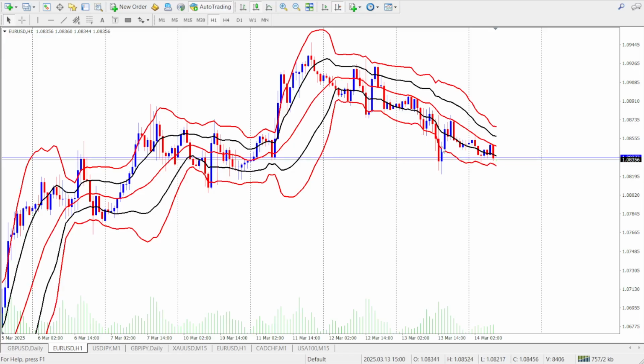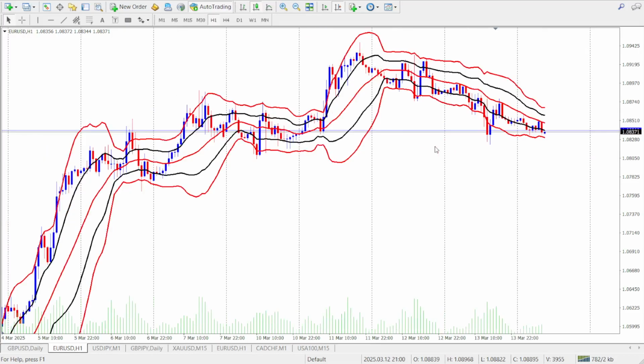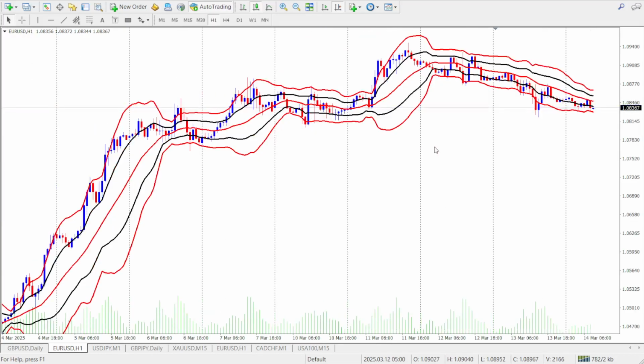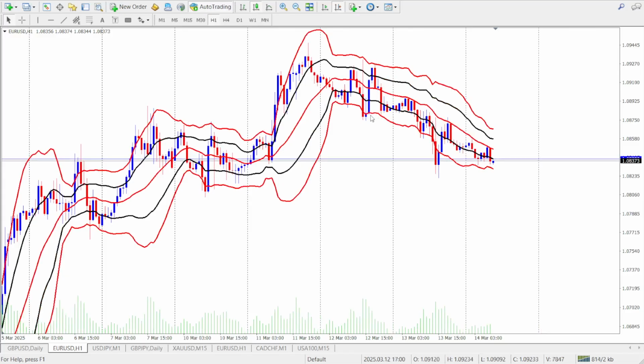So now that we have set up the double Bollinger Bands, let us talk about how to use them in your trading. The first is confirming strong trends. If price stays above the upper 1 standard deviation band, it signals there is strong bullish momentum.